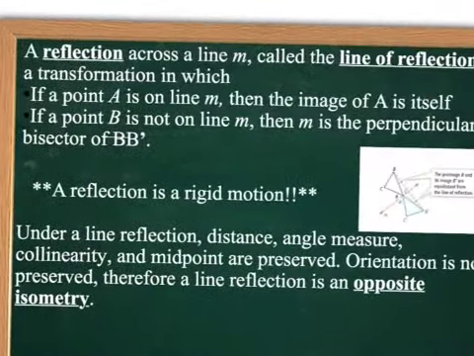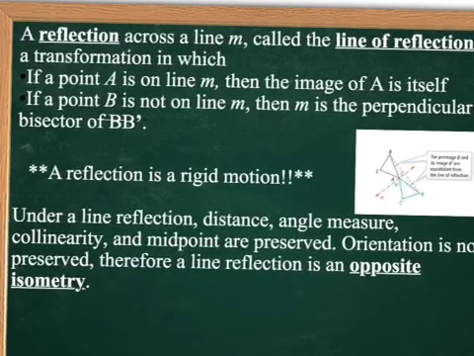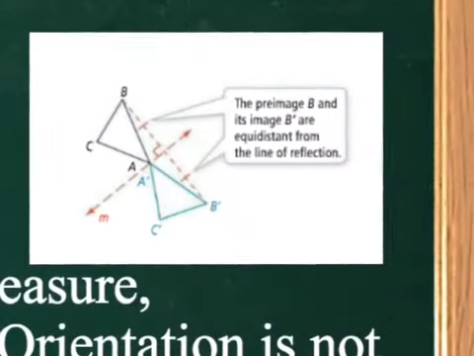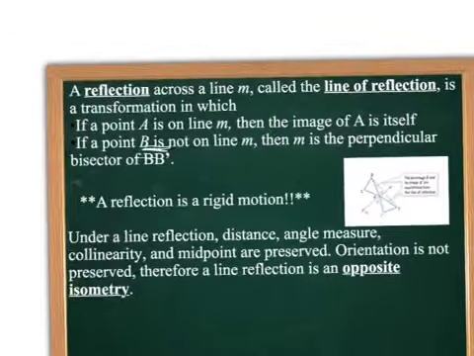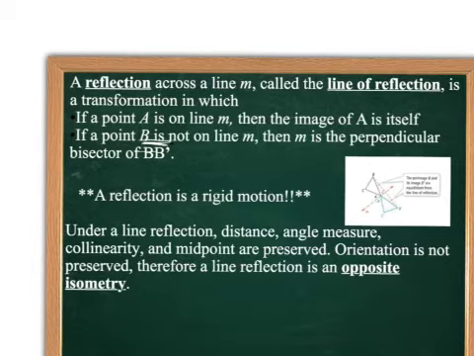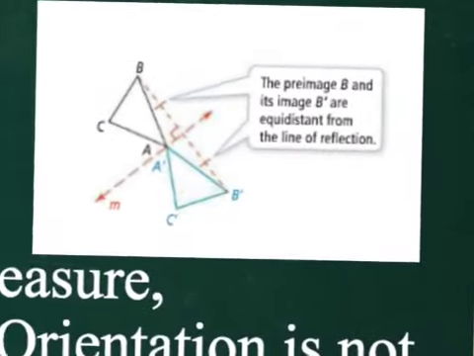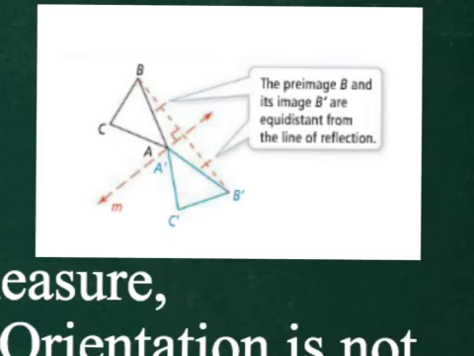But if a point B is not on line M, then M is the perpendicular bisector of line B, B prime. So if a point B is not on line M, here point B is not on line M, then line M is the perpendicular bisector of the line that connects B, the pre-image, with B prime, the image.